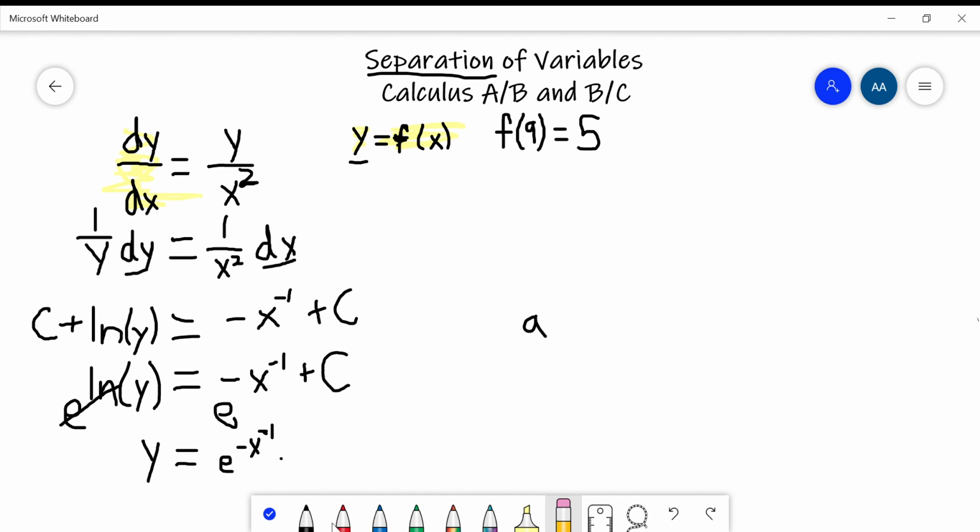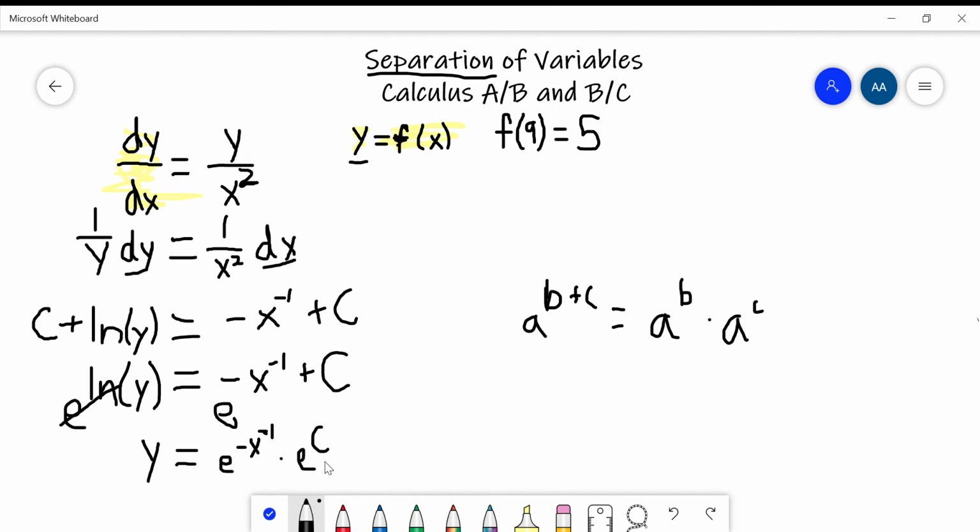So if we have something a to the power b plus c, then that's equal to a to the power b times a to the power c. So these are equivalent. We can perform the same thing here. e to the c. And yeah, that's what we have so far.